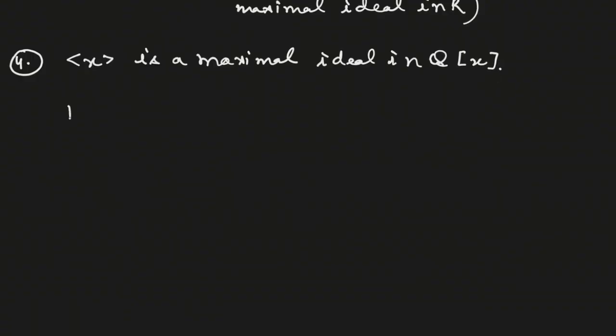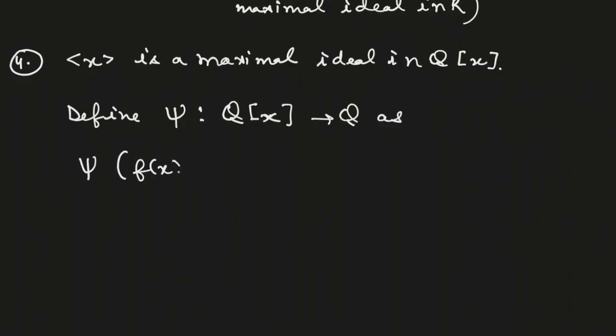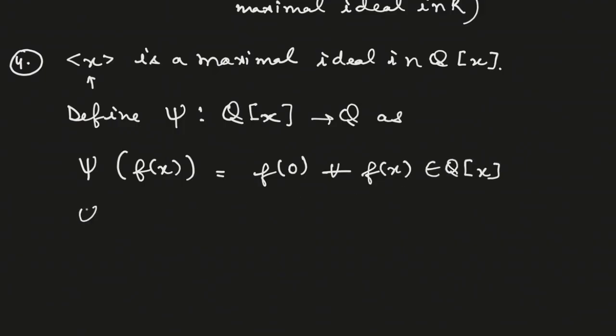So we will define psi, a mapping from Q[x] to Q, as psi of f(x) equals f(0), because the root of this ideal is 0 only, for all f(x) belonging to Q[x]. So psi is an onto homomorphism.